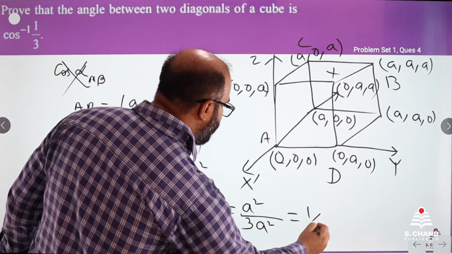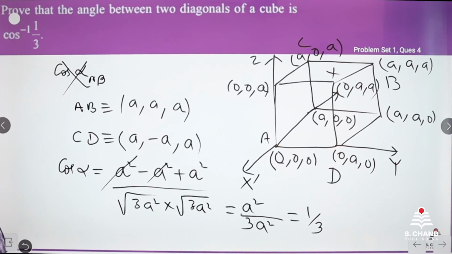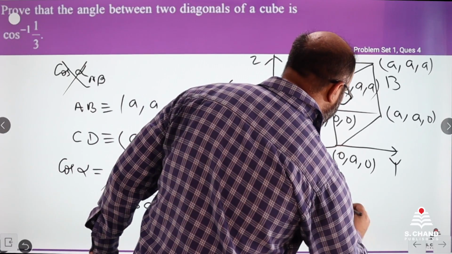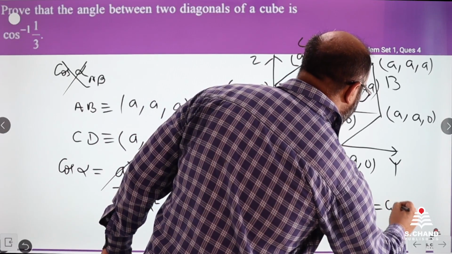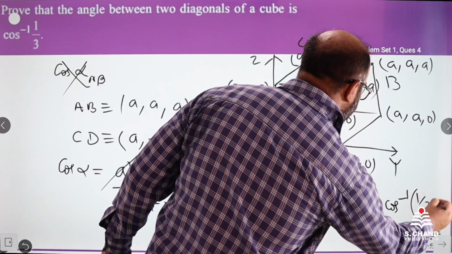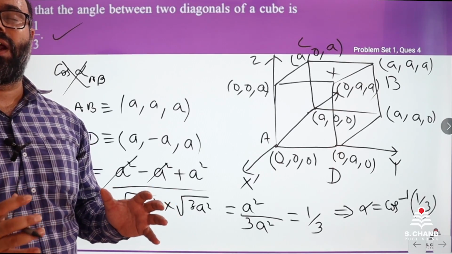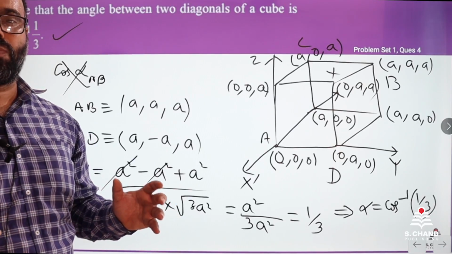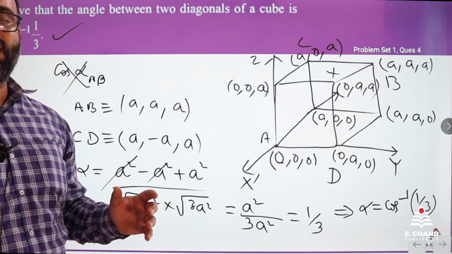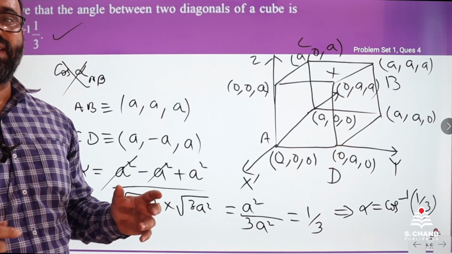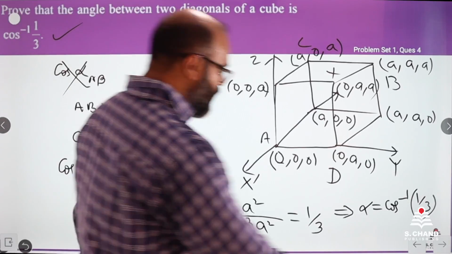So this will be 1 by 3. a square will get cancelled. Alpha is equal to cos inverse 1 by 3. So this is what we have to prove actually here. So you have to make a correct diagram, then you have to analyze what are the diagonally opposite points, and then you can find the direction ratios of those lines, and then find the angle between them.